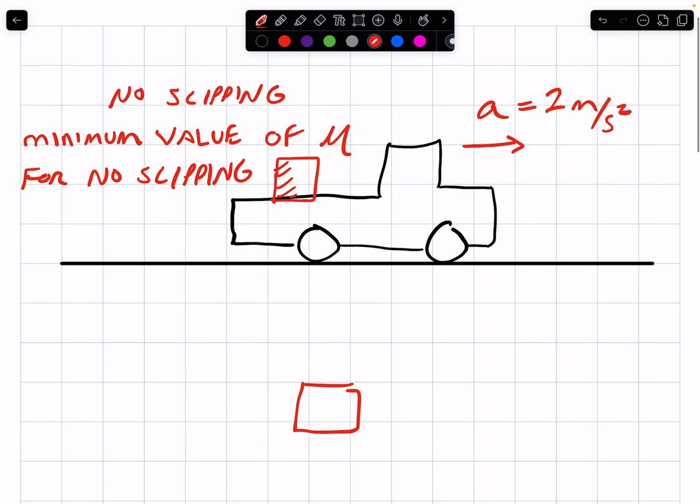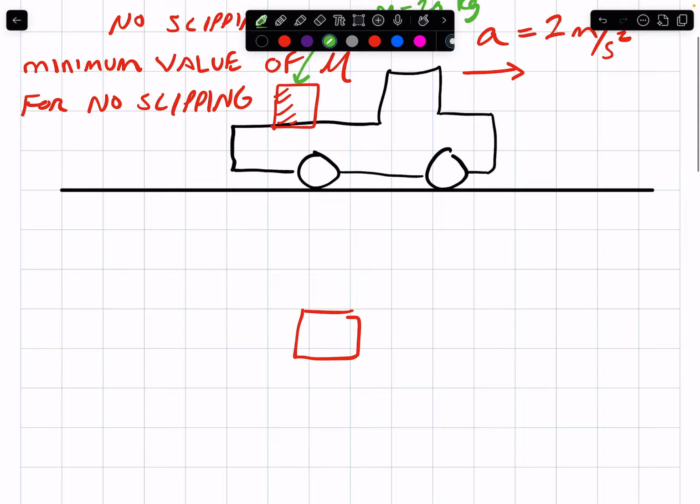And to do this problem, you really don't even need to know the mass of the box because it ends up canceling out. But let's go ahead and give it a mass. So this thing has a mass here of 20 kg. Now, free body diagram of that box.